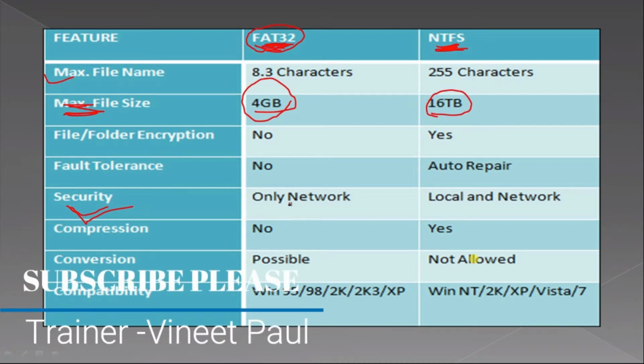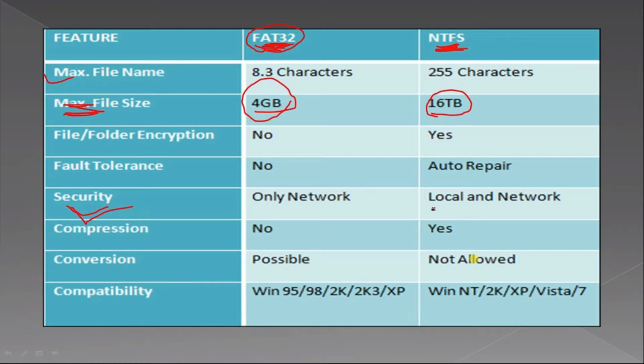Compared to that, NTFS gives us local area network security and wide area network security. NTFS provides good security for us. NTFS is a new technology, so that is why it provides a good facility for security. That is the difference between the FAT32 and NTFS file systems.